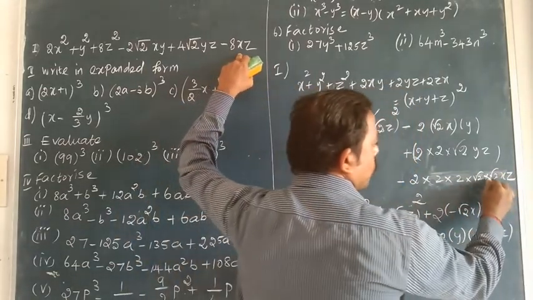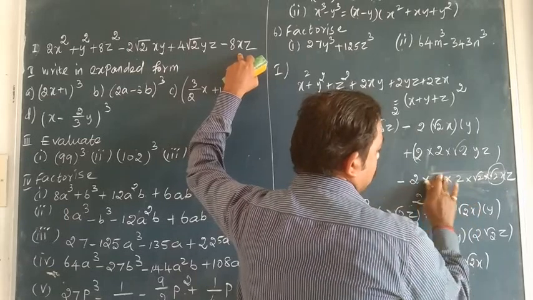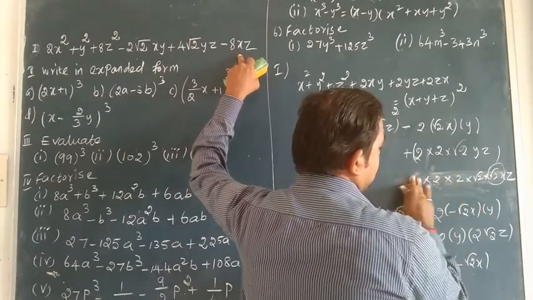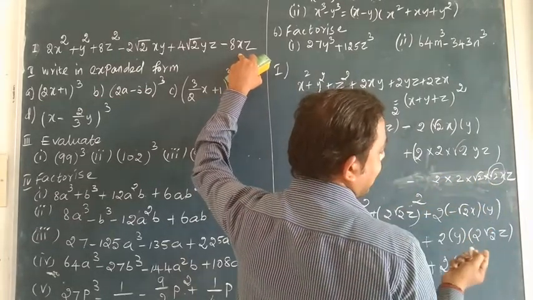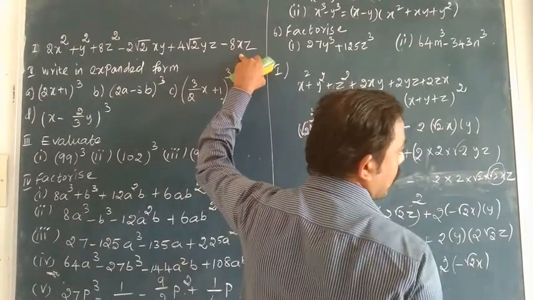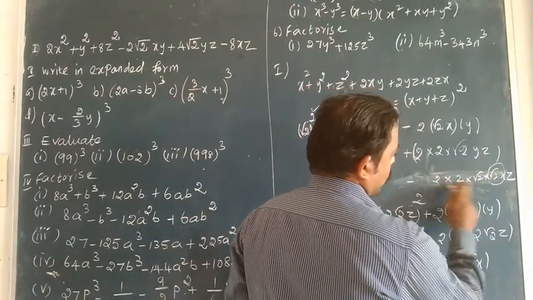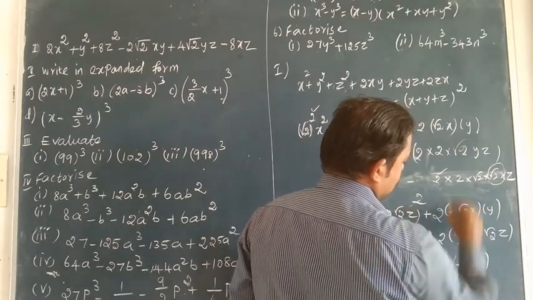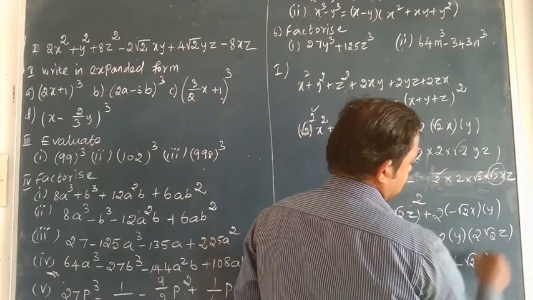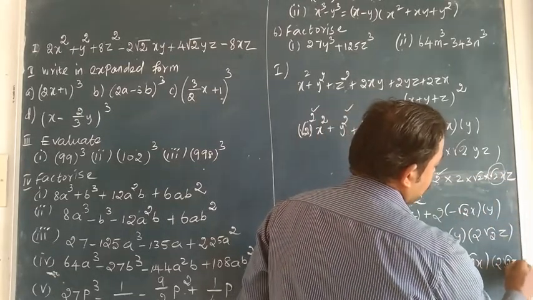Now you can write root 2 into x as the first term, then 2 root 2 into z as the second term. Like that, split 2 as root 2 into root 2. So minus root 2 x, then the remaining 2 root 2 z, already written.